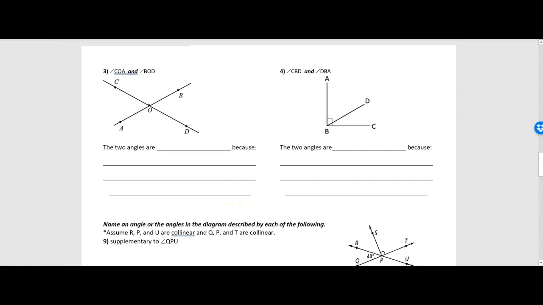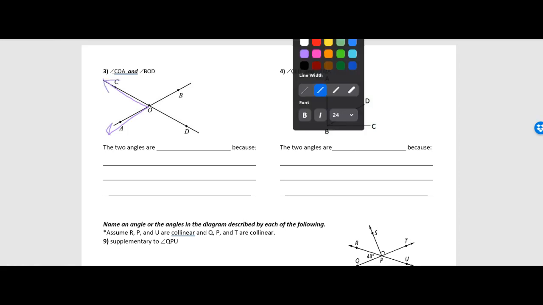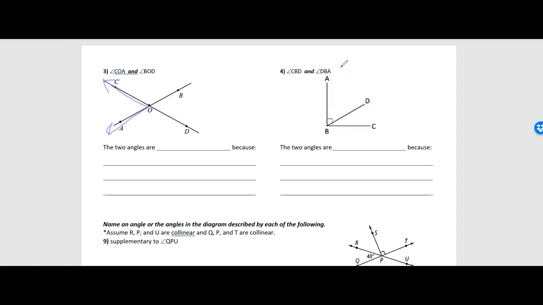So here we have COA. So we have this angle in purple, and we have BOD. So right away we notice that they share this vertex at O, and they form that letter shape, right? They form an X. So this makes these vertical angles.